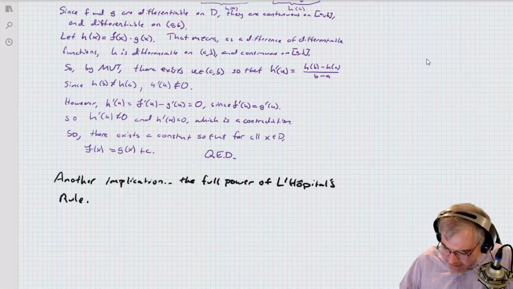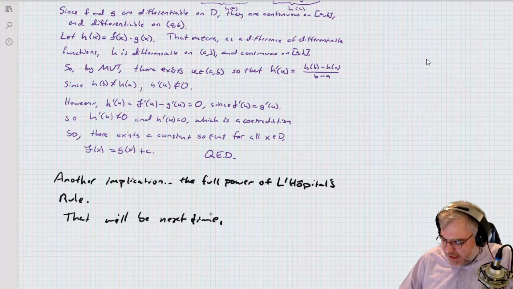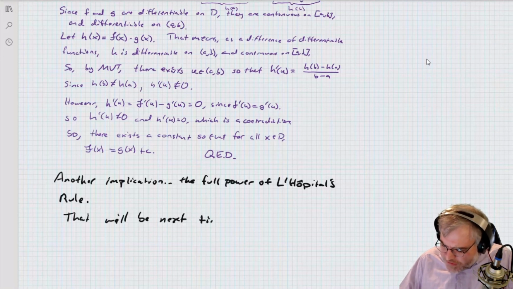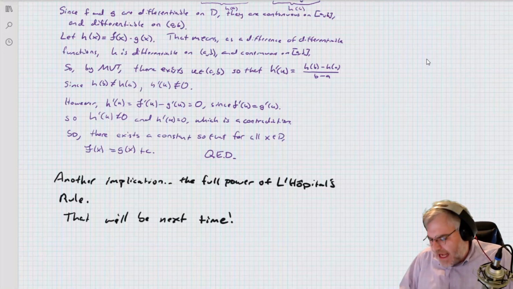And we will do that next time. We won't do the proof. So we've done L'Hopital's rule before, but kind of the diet version. The proof for the full version is in the back of the book. It's in Appendix D. We're not going to do that one. I mean, it doesn't really add anything.